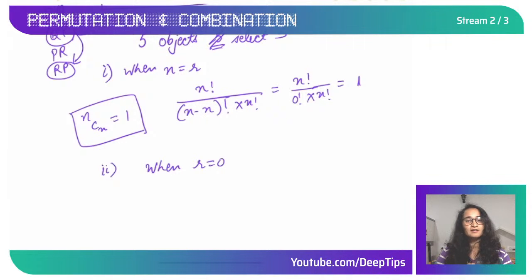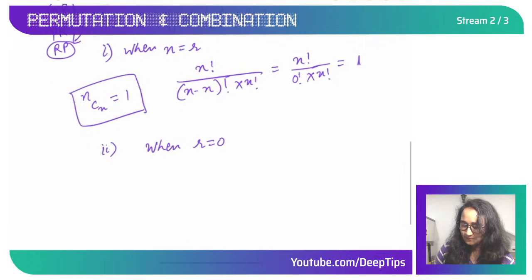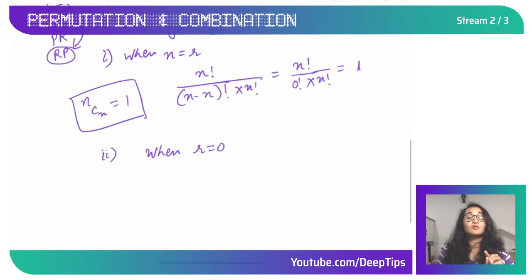How can you do that? Don't do it. There is only one way: don't select anything, right? So just substitute r. See, things that look complicated are actually much simpler. You just need to think. Here when r equals 0, it means you are not selecting anything, so just leave it.